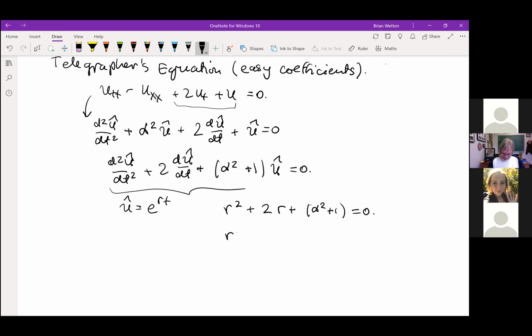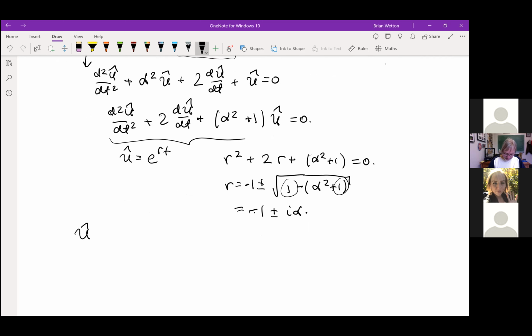And then I look at my quadratic formula. I memorize a slightly different quadratic formula than most people, but here it is. And you notice that the ones cancel out, and I get, oh, sorry, -1 plus or minus i alpha.